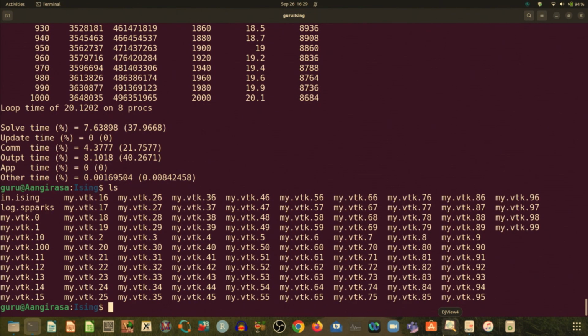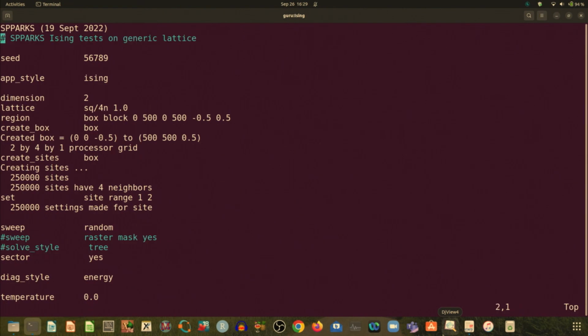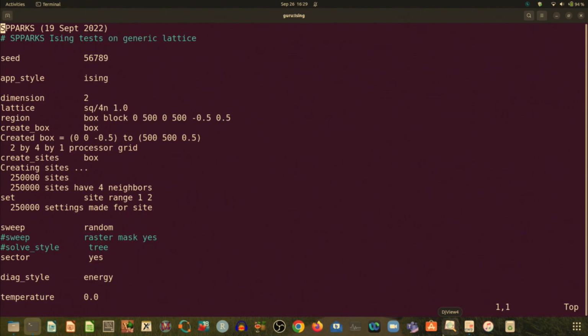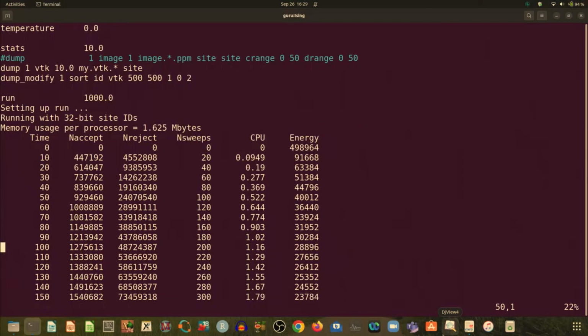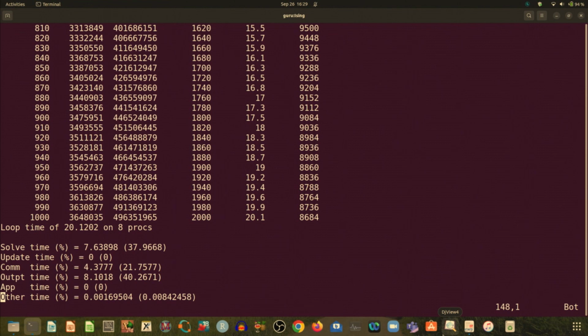Fine. So, we can look at the log, and then you have all this information. I do not know where it gives the processor information, probably it does not. Yeah, it does give loop time of 20.1202 and 8 processors, you can see.